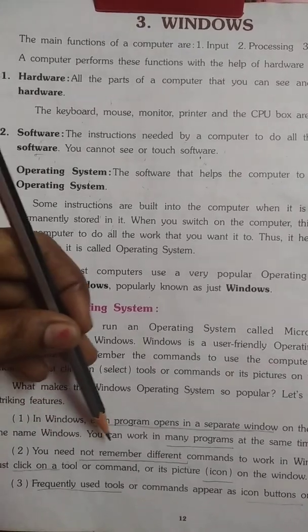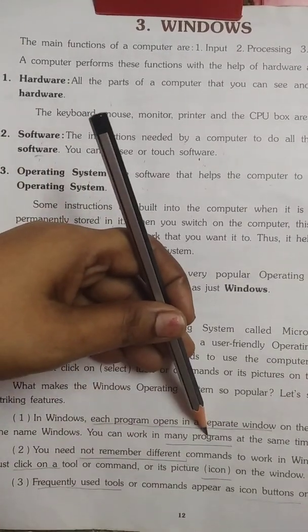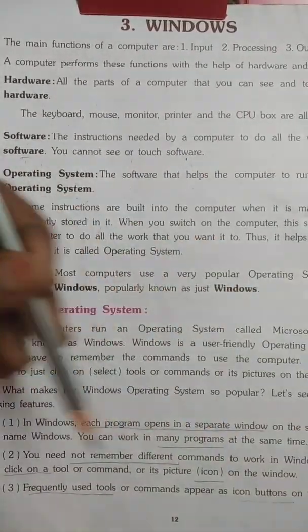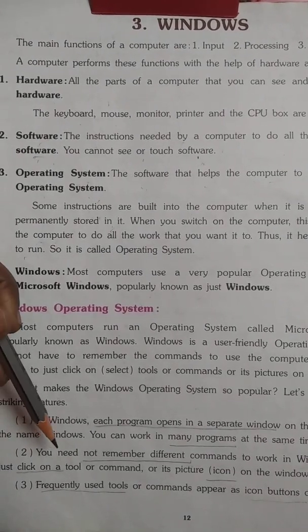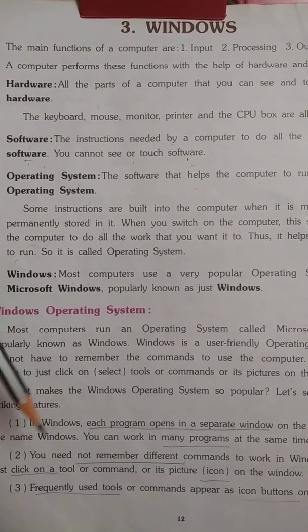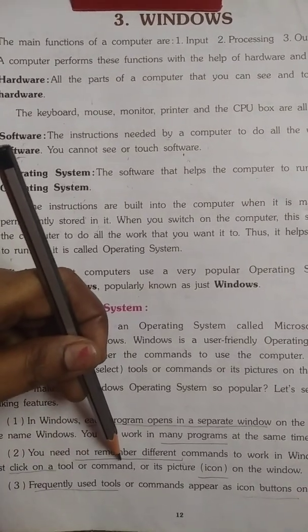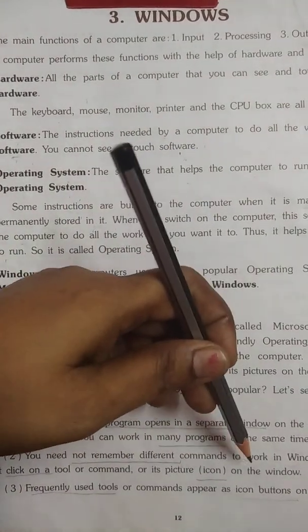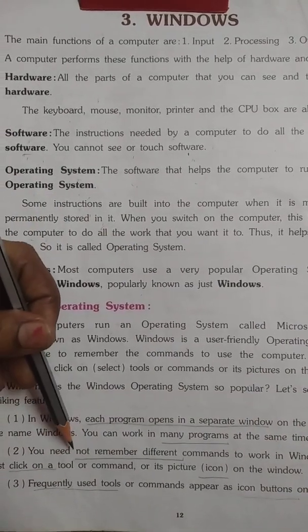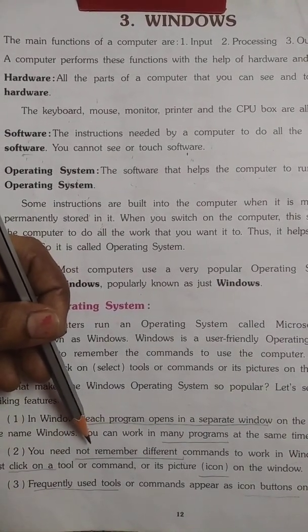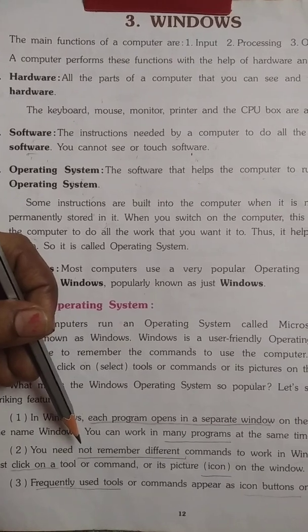Then you need not remember different commands to work in Windows. You just have to click on the tools or commands or their picture icons on the window. You don't have to remember all the commands.